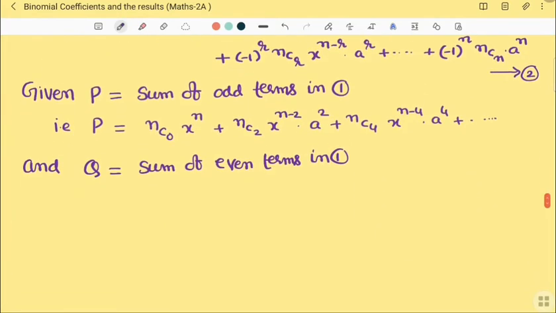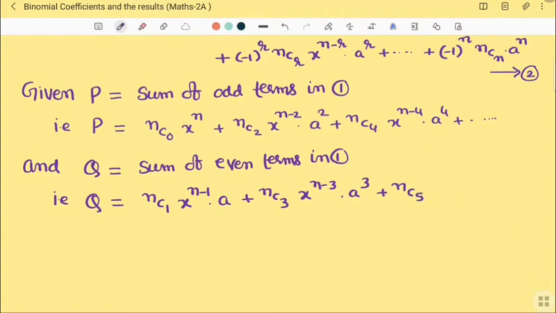Even terms means Q starts from nC1: nC1 x power n − 1 a power 1, plus nC3 x power n − 3 a power 3, plus nC5 x power n − 5 a power 5, plus and so on.